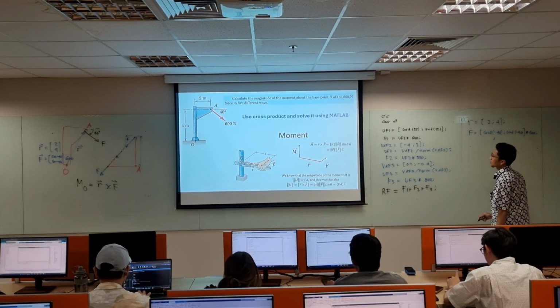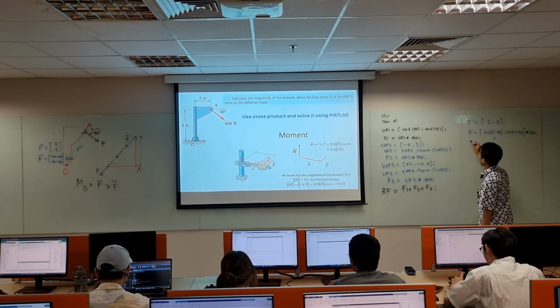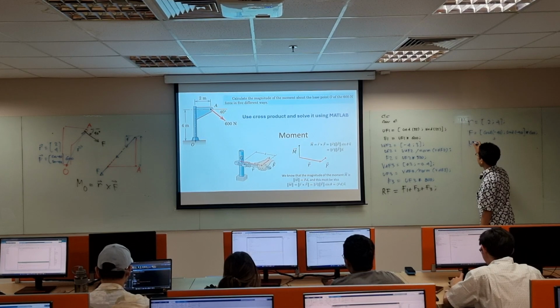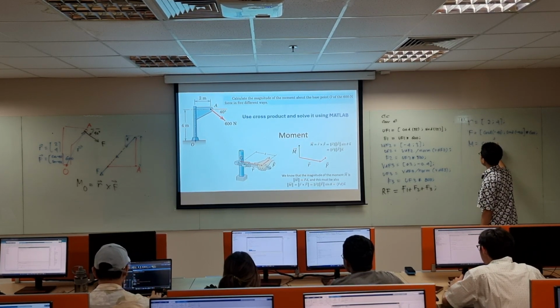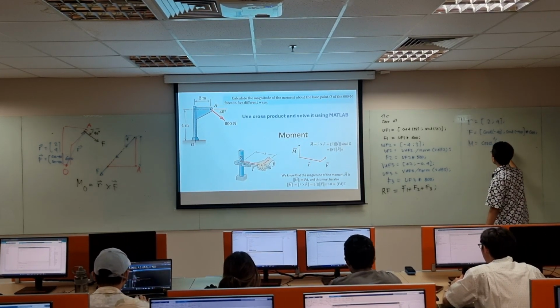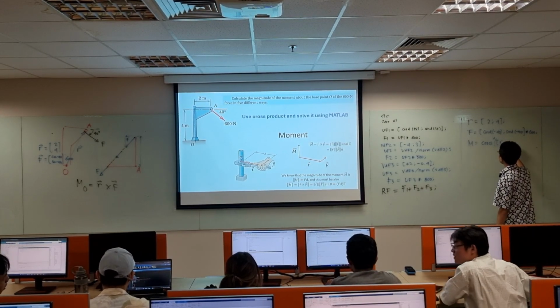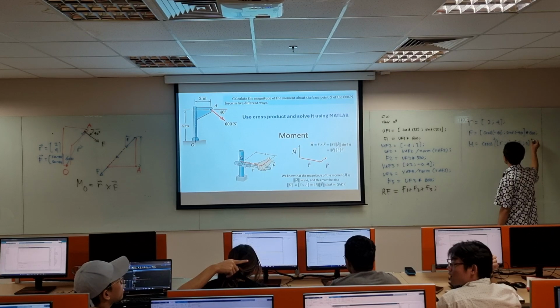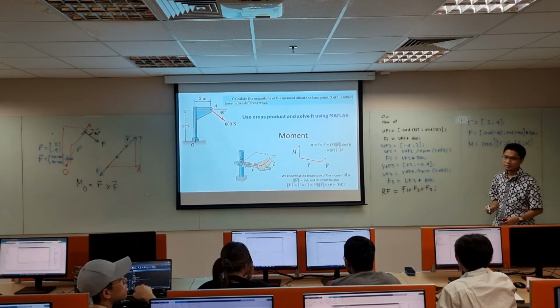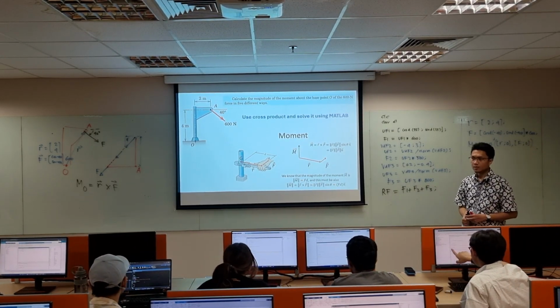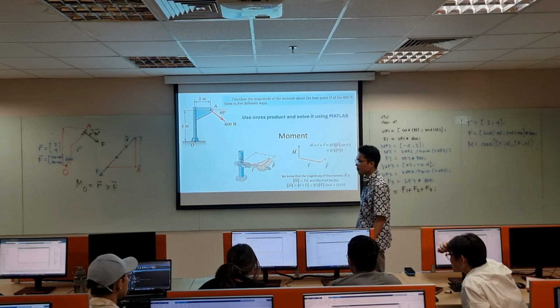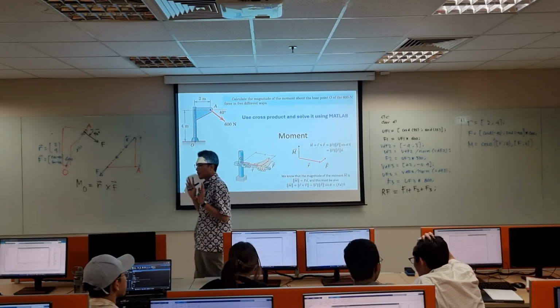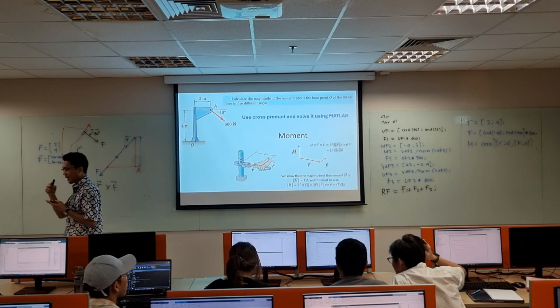What you're doing is that M is equal to cross of R0 and F0. So the cross product applies for 3 elements.